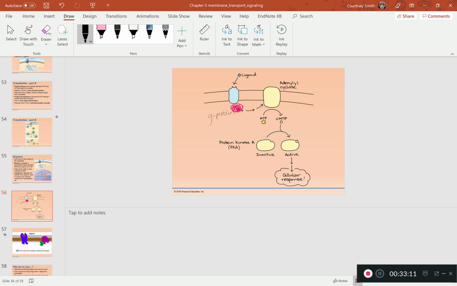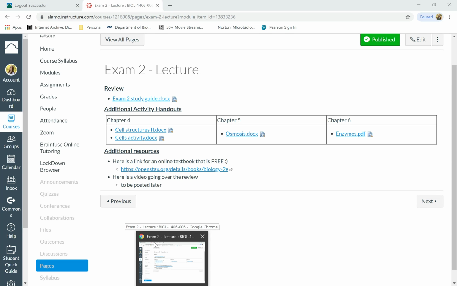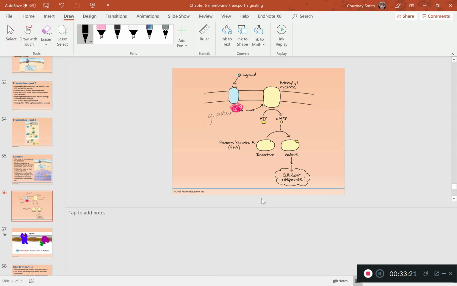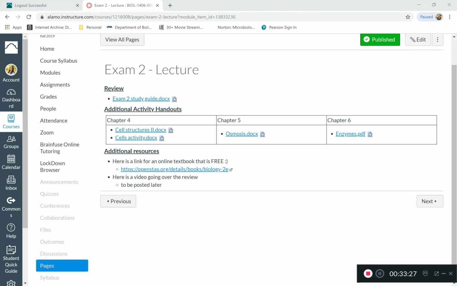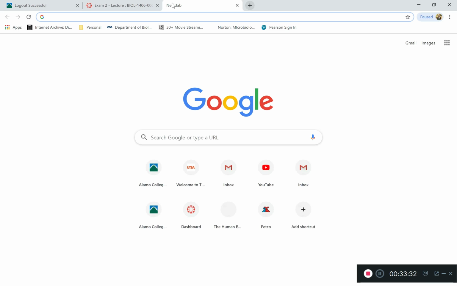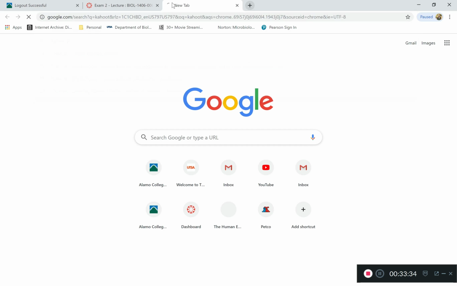So I don't remember the question actually off the top of my head. I believe it was like, what is the correct pathway of... I'll just pull up the Kahoot real quick because it is past 10 o'clock and I'm not going to remember.